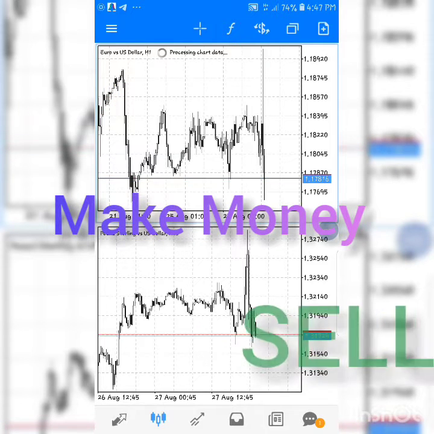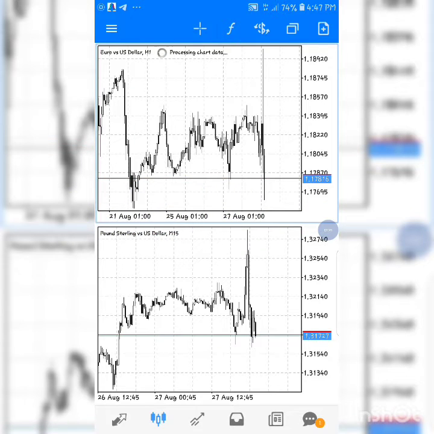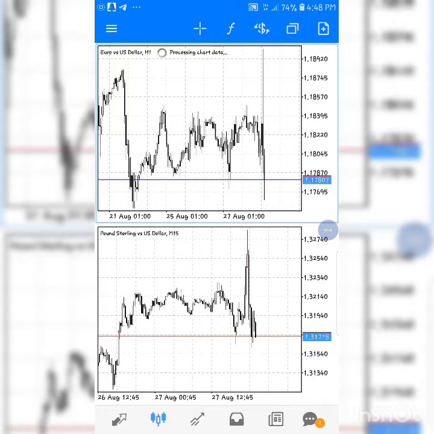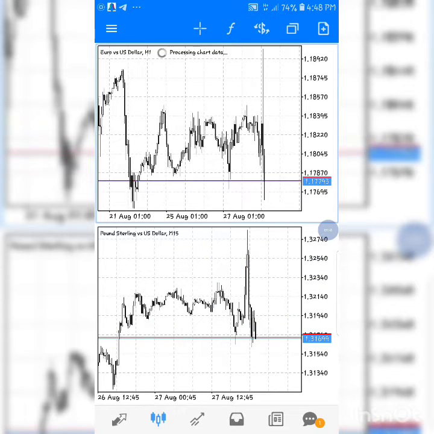But in an event that your technical analysis is off, you will end up losing money. So for this session, I'm just going to talk about technical analysis. Fundamental analysis is where you analyze the news. I'll make a video later on about fundamental analysis, but for now, we're just going to talk about technical analysis.